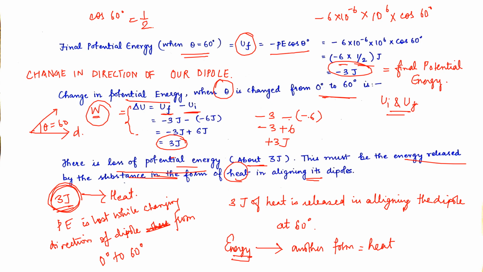If it is minus, work is done on the system; when it is not minus, the work is done by the system. So the system has done the work to go from 0 to 60 degrees, and whatever energy difference there is between the initial and the final is converted into heat.